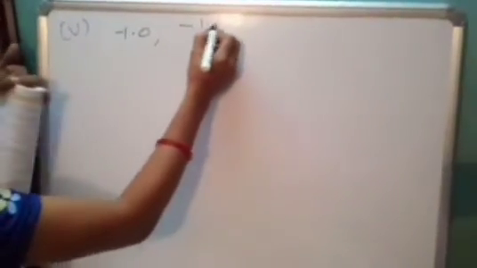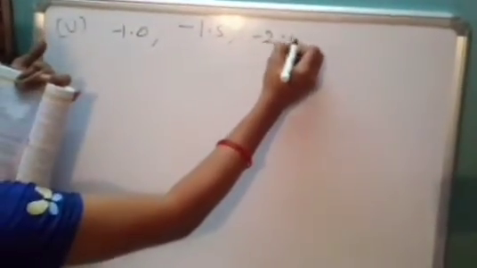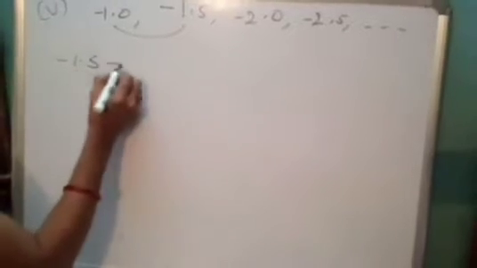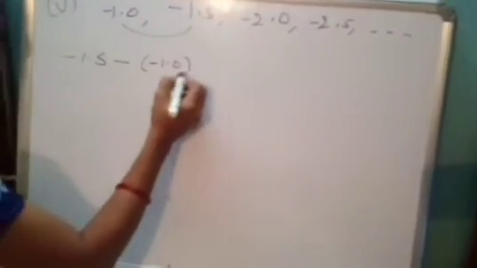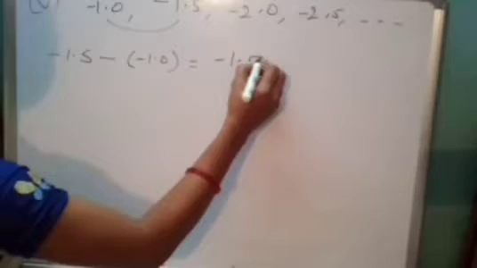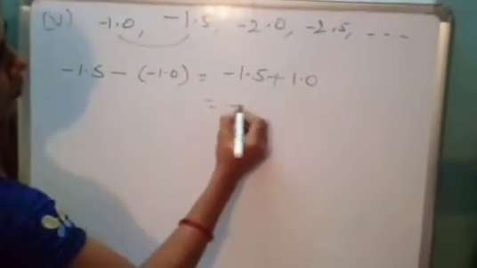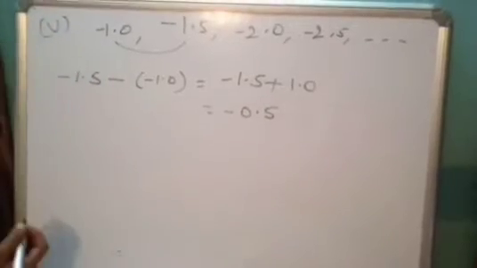And next, the fifth one: 1.0, minus 1.5, minus 2.0, minus 2.5 and so on. In this also, the difference of the second term and the first term is minus 1.5 minus 1.0, that is equal to minus 1.5 plus 1.0 equal to minus 0.5.